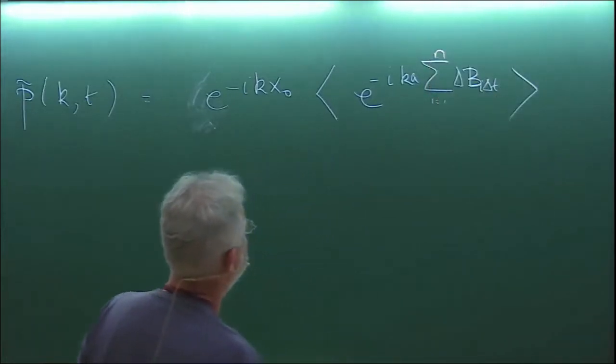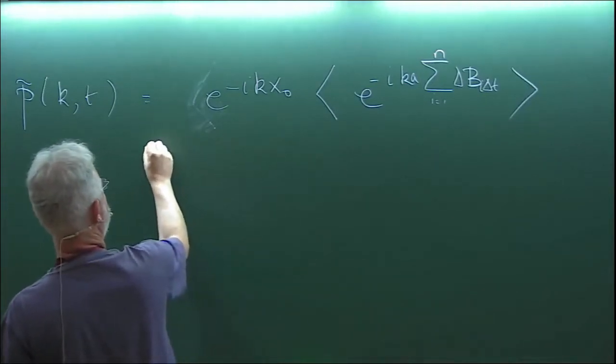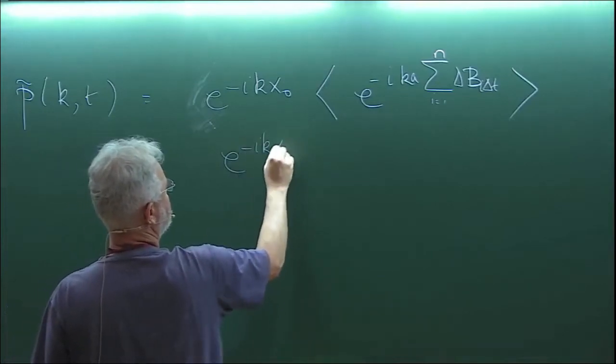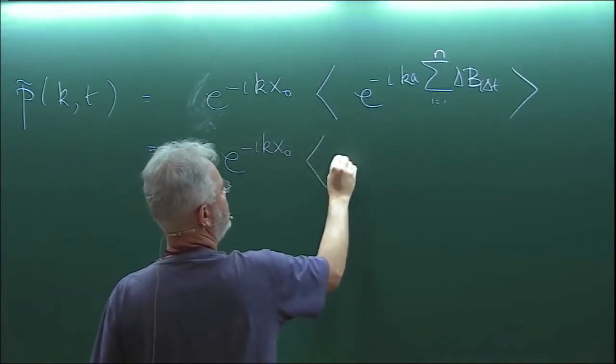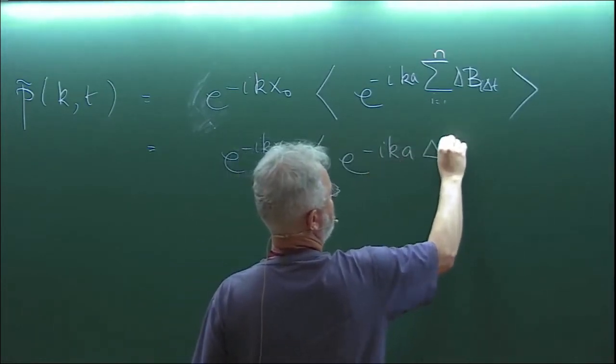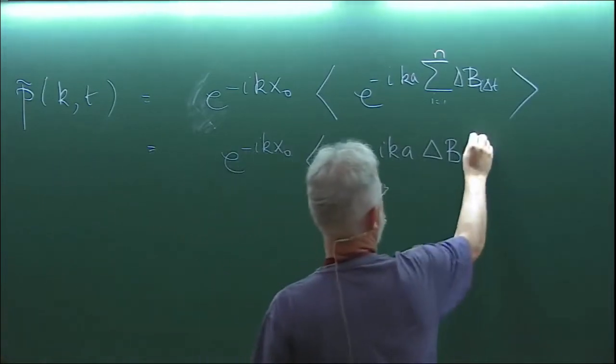Now these are all independent random variables, and they're identically distributed. So I can write this as e to the minus ik x0, and then I just get e to the minus ika delta b. I can write down any of these delta b, I've dropped the index i, and I'm going to have n of them.